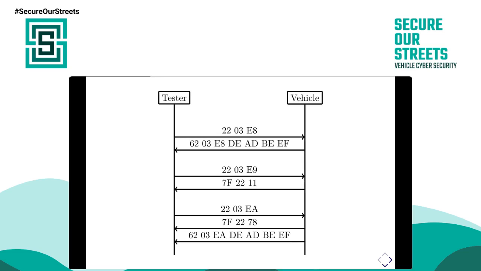Or a negative response followed by a positive response, which is a way that the ECU can delay the positive response. The negative response code 78 means request correctly received, response pending, and a little bit later we're going to receive a positive response with our desired information.